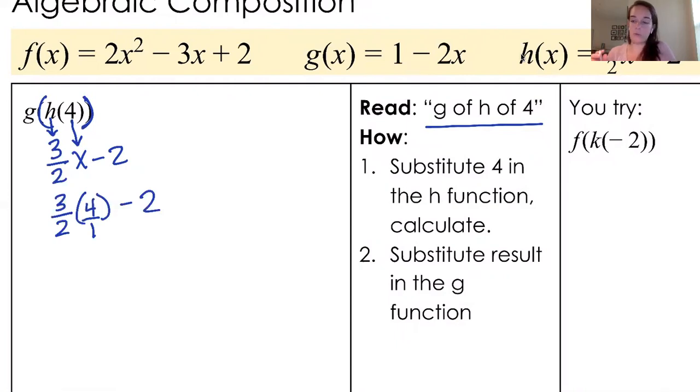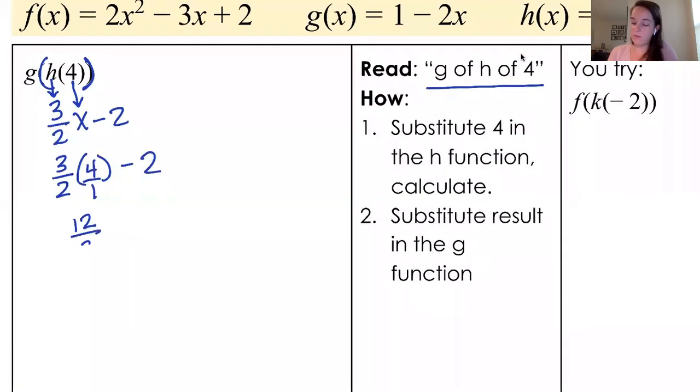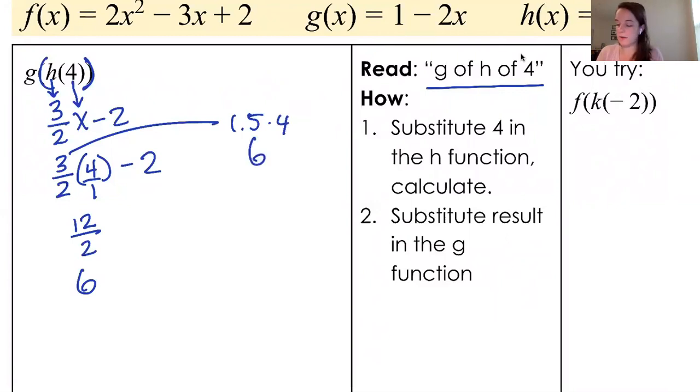So I'm going to put it over 1 to make my fractions easier. So 3 times 4 would be 12 over 2. 12 over 2 would be 6, right? This is exactly the same as if 3/2 is like 1.5 times 4, that would be 6 as well. So you can see two ways to go about getting 6 there.